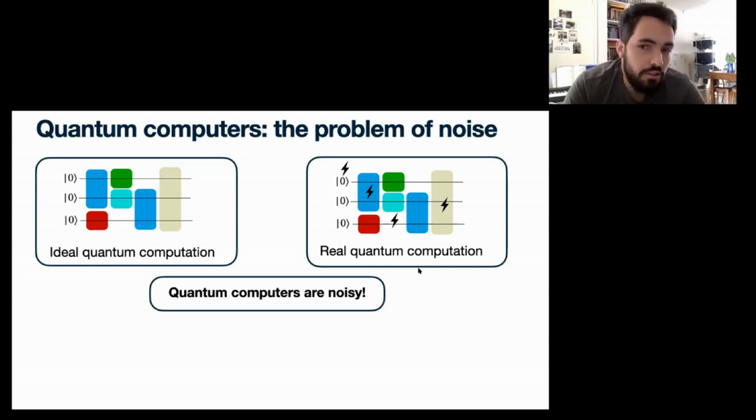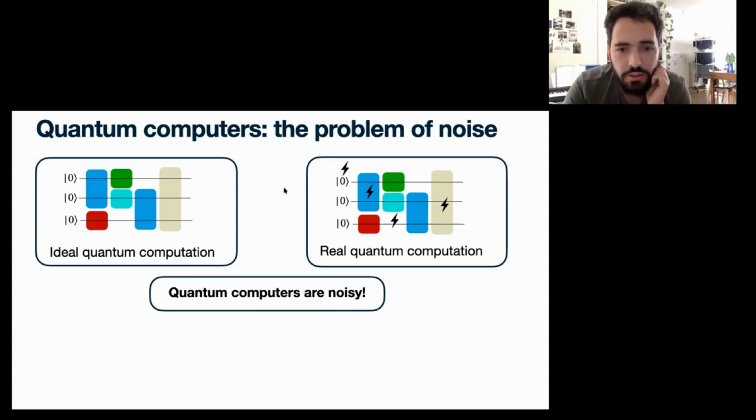Of course, classical computers are also noisy, but they're much less noisy. So there, a little bit of error correction goes a long way. And quite often you can pretend that a classical computer as it exists in the physical world is an almost perfect realization of an abstract Turing machine. For quantum computers, this is very, very far away from reality. We really have to take this noise into account explicitly.